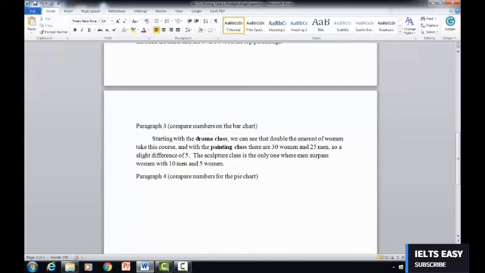The sculpture class is the only one where men surpass women with 10 men and 5 women.